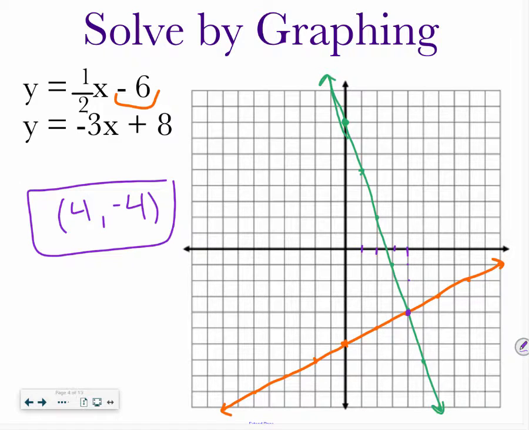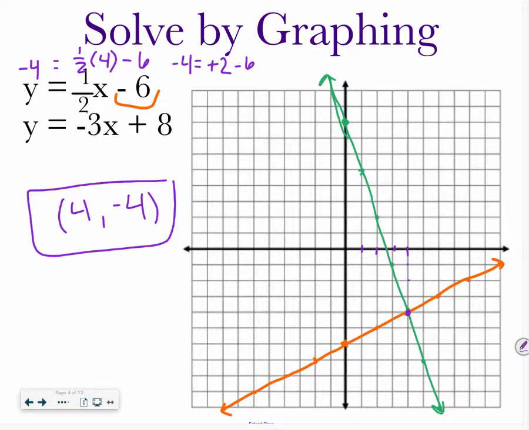One way to check is to plug these coordinates in. So instead of y, I'm going to put negative 4 equals 1/2 times 4 minus 6. What's 1/2 times 4? That's 2. So I have negative 4 equals positive 2 minus 6.